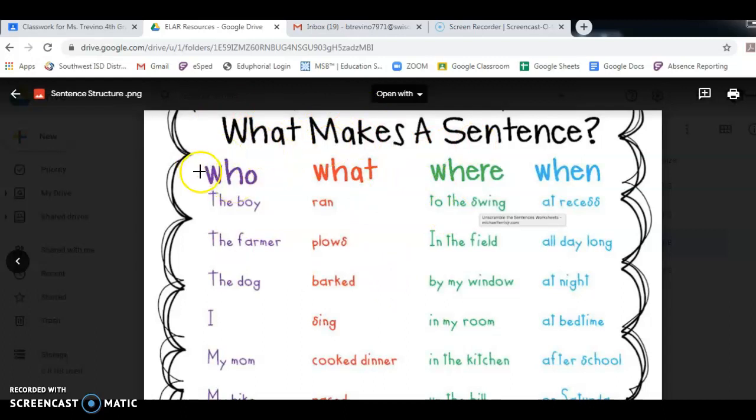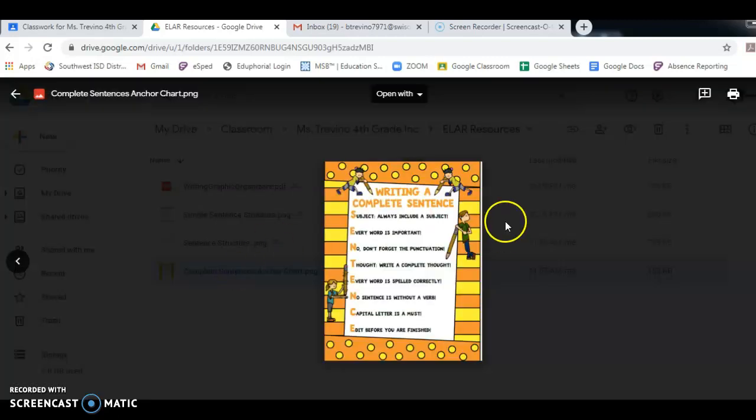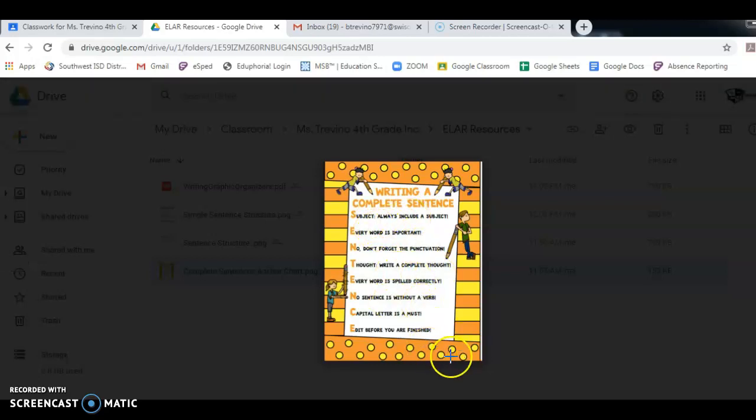Okay, we have a who, a what, a where, and a when, right? So the boy ran to the swing at recess. It's a complete sentence. Okay, so make sure we're using capital letters, punctuation. There's also an anchor chart here, like writing a complete sentence, okay? And it goes over everything that goes into a complete sentence.